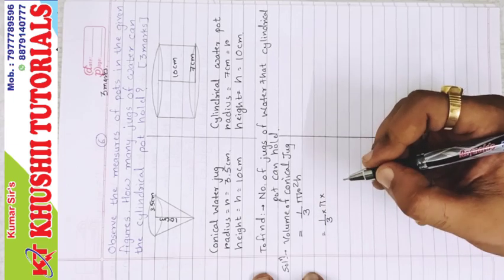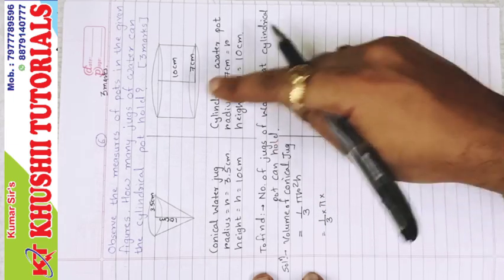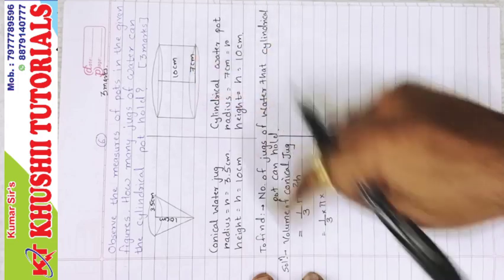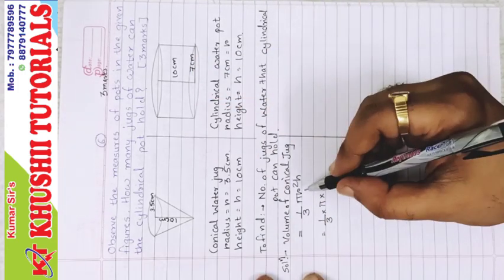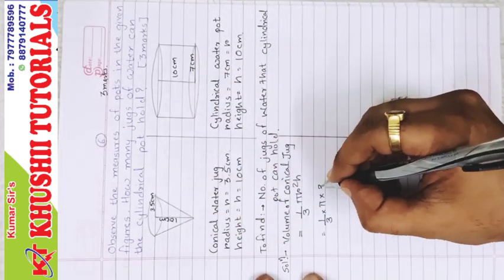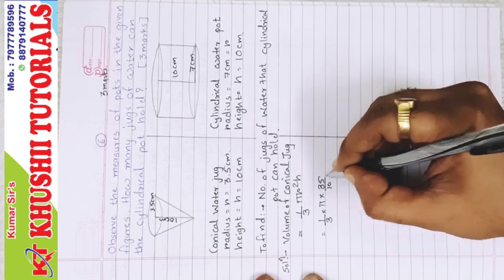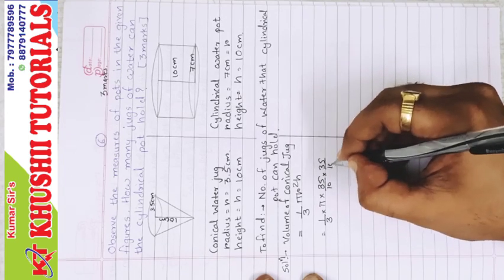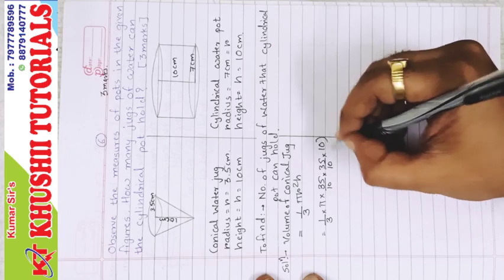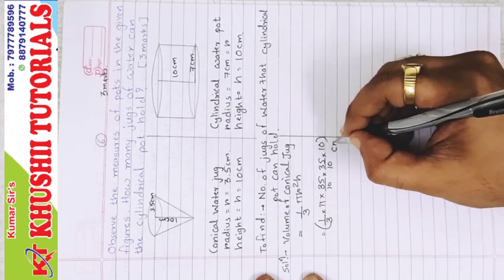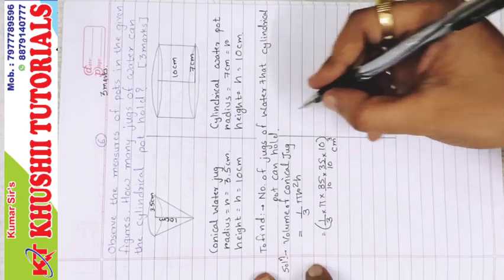Pi will also remain pi, because we have to divide and the pi will come in both the figures. So pi will get cancelled. Radius is given 3.5, so 35 by 10 into 35 by 10 into height 10. And the unit will be centimeter cube because it is volume.